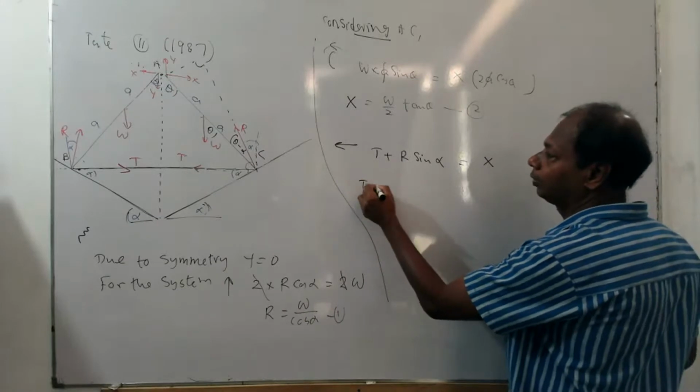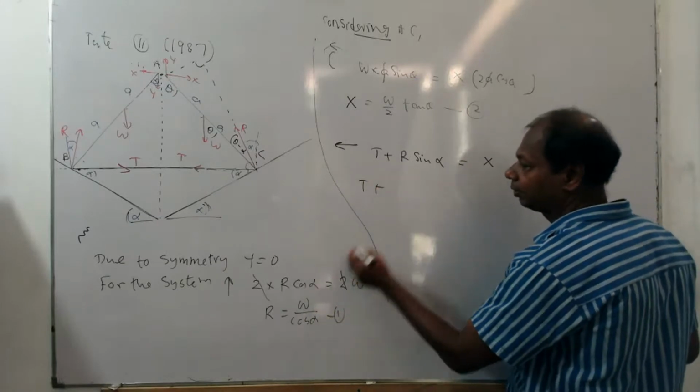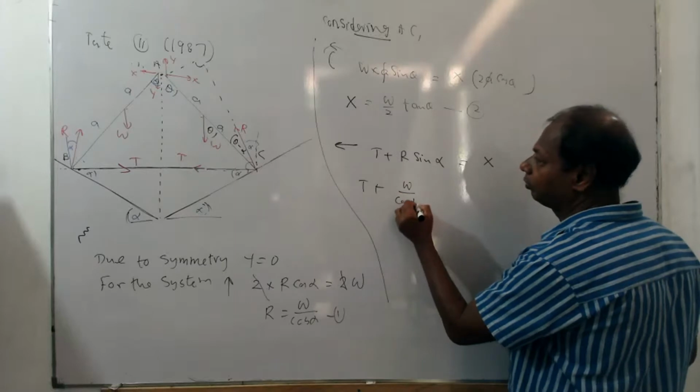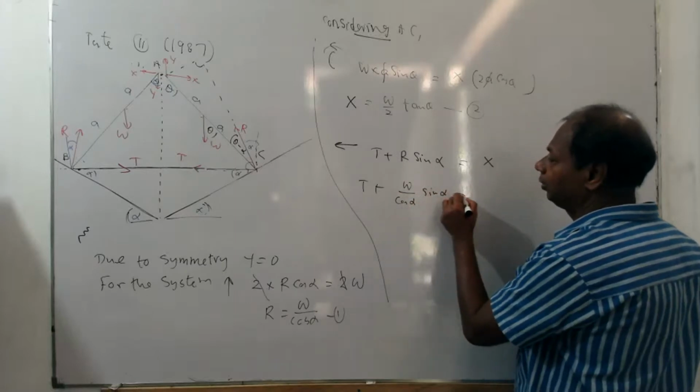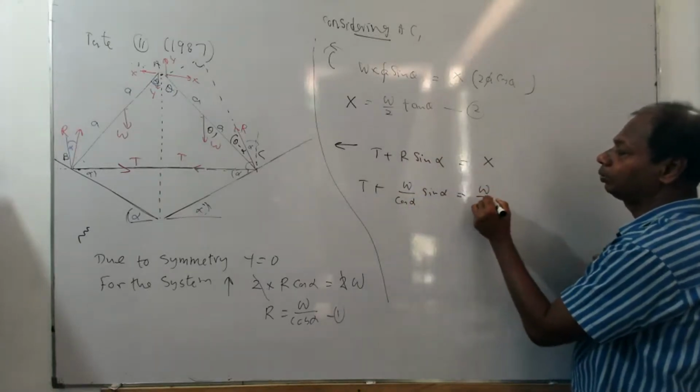R is W over cos alpha, into sin alpha, equals X. X is W over 2 tan theta.